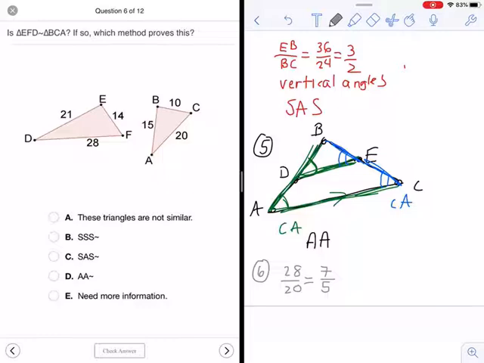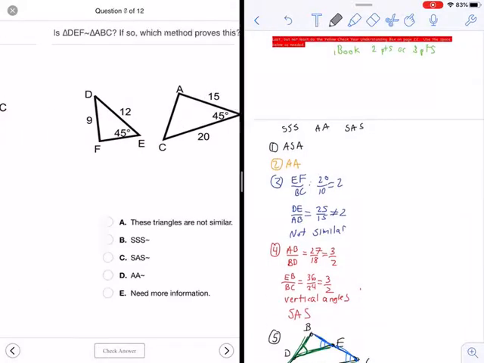What's the next biggest numbers? 21 and 15. A 3 can be factored out of both of those, 7 over 5. And then the smallest numbers, where only 2 can be factored out, 7 over 5. So all side lengths are proportional, so the triangles will be similar by side, side, side. Nice.